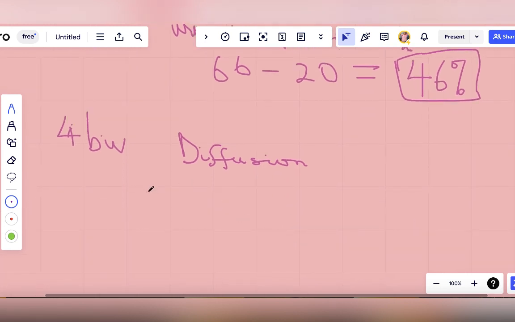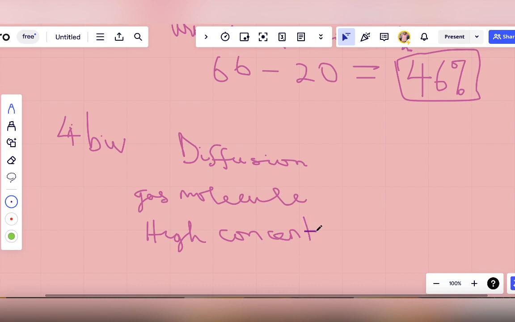So the movement of gas, or sometimes even liquid molecules, but usually gas molecules, from region of higher concentration to region of lower concentration.